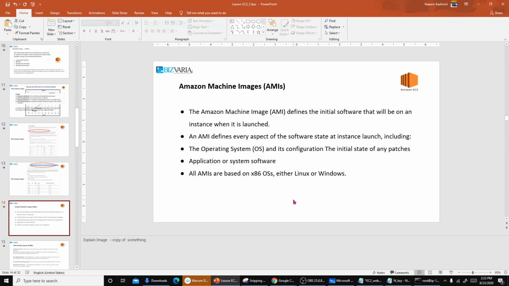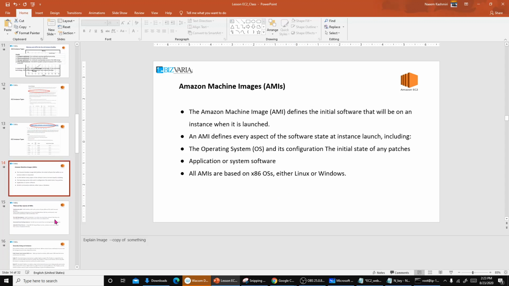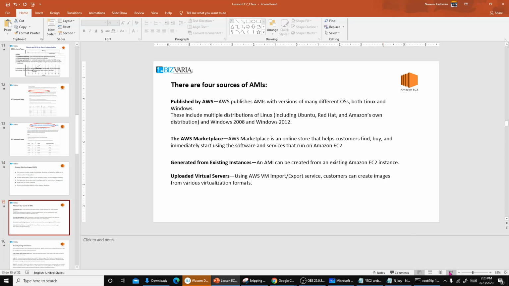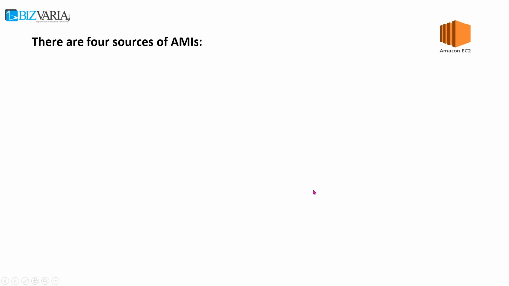So we just learned about the Amazon Machine Images and how we can make a copy of images, and then from that copy we can actually launch another instance, which is nothing but the duplication of the server I was already running. So where can we get these images?